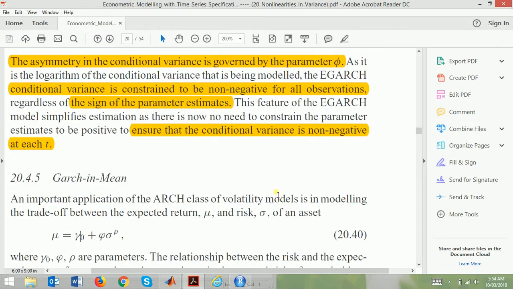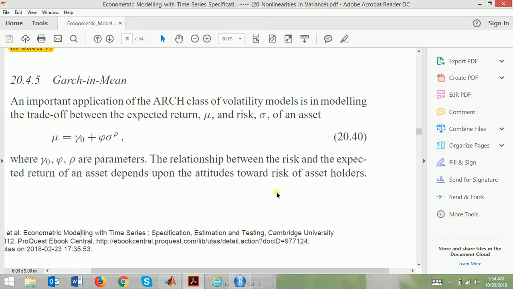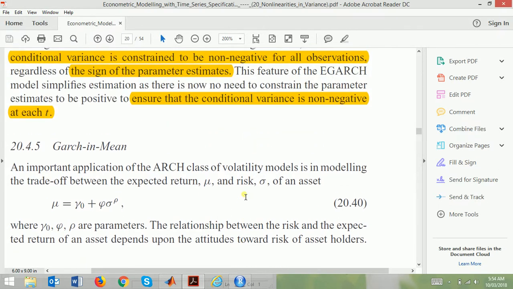Basing on that, I can create another vector phi, and then I can plug them into the model, and I will be able to get something. So Gaussian mean. An important application of the GARCH class of volatility models is in modeling the trade-off between return and risk of an asset. Wow.